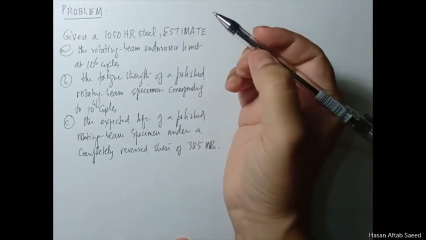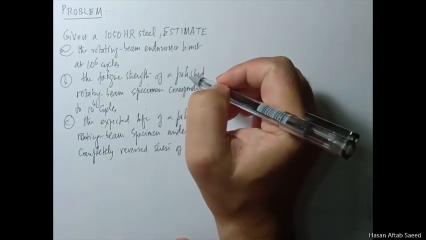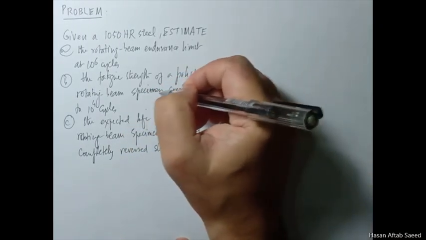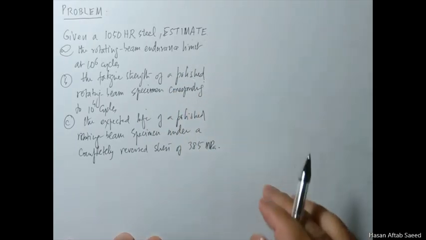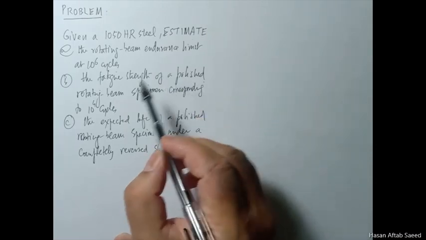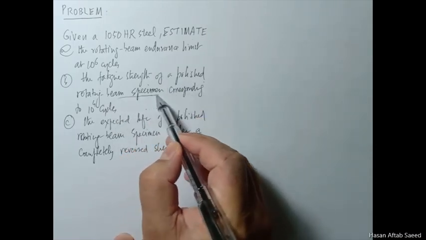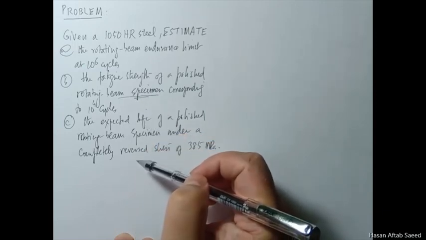Endurance limit is for 10 raised to 6 cycles. Then the fatigue strength of a polished rotating beam specimen corresponding to 10 raised to 4 cycles. We are obviously talking about a rotating beam specimen, not some real world problem. We are talking about a polished rotating beam specimen, so we'll be dealing with SE prime and SF prime.